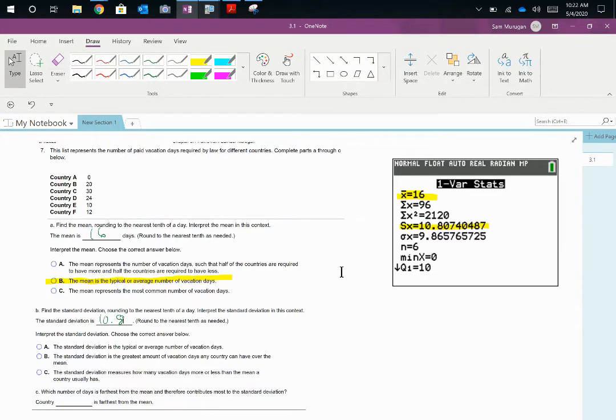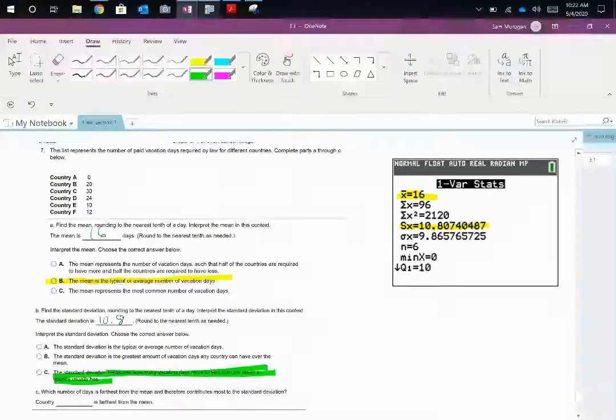And now we want to go ahead and answer. So this standard deviation measures how many vacation days, more or less, than the mean the country usually has. Okay, so it will be 16 plus 10.8 or 16 minus 10.8.